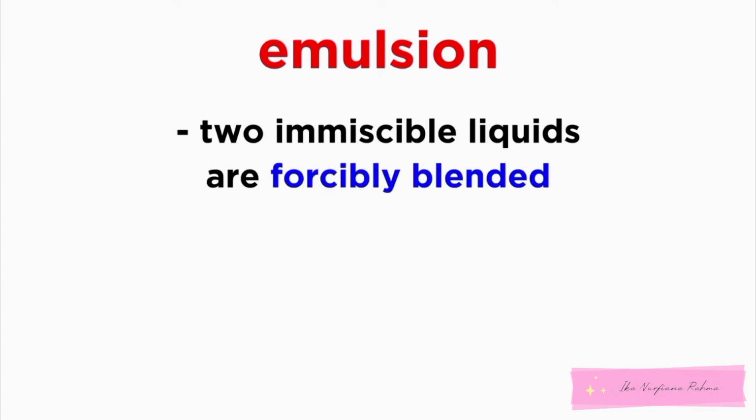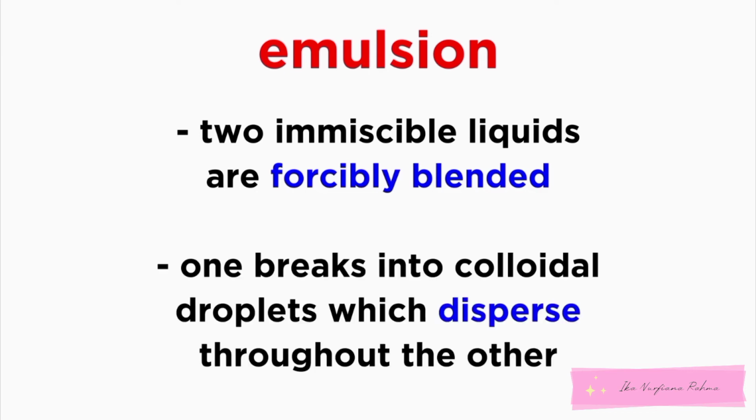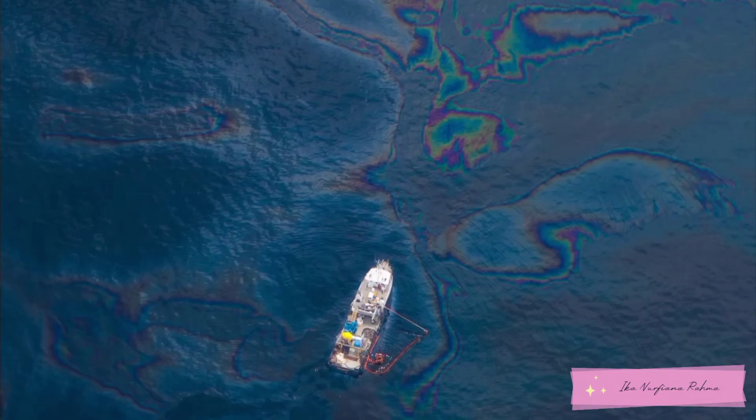Another type of colloid is called an emulsion. This occurs when two immiscible liquids are forcibly blended. One liquid will break into colloidal droplets and disperse through the other liquid. This is why oil spills in the oceans are hard to clean up.